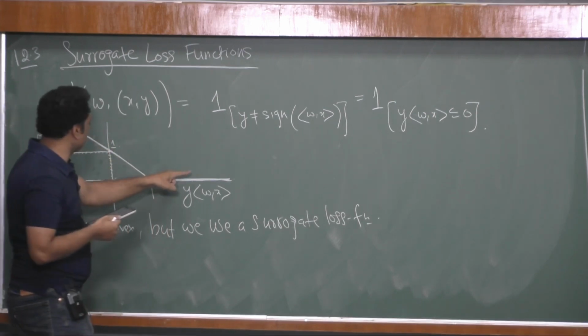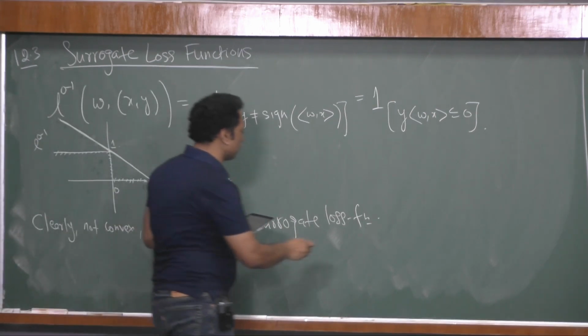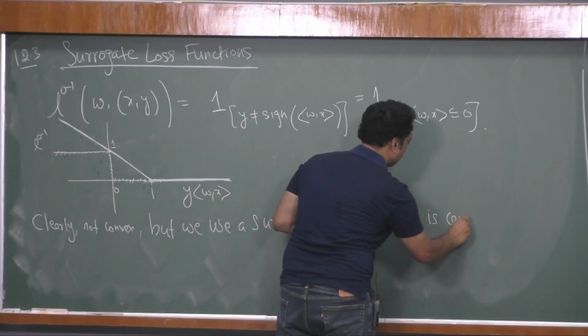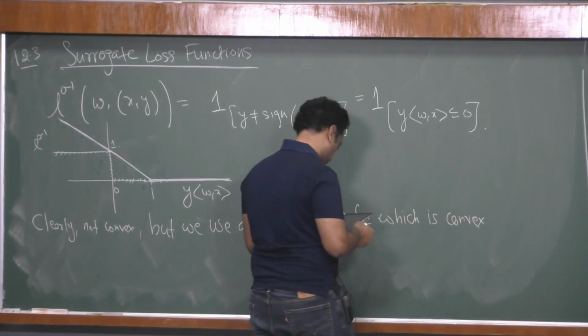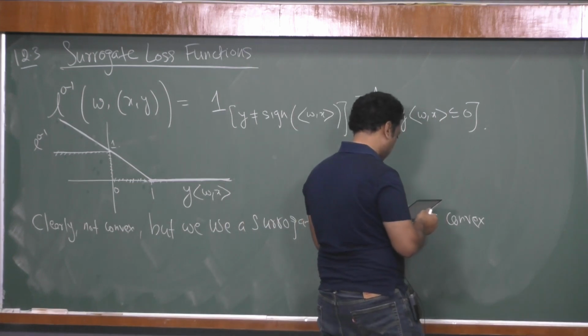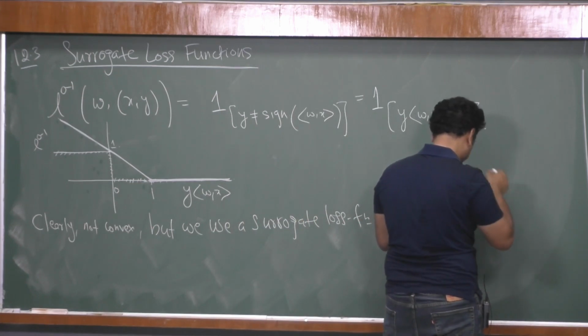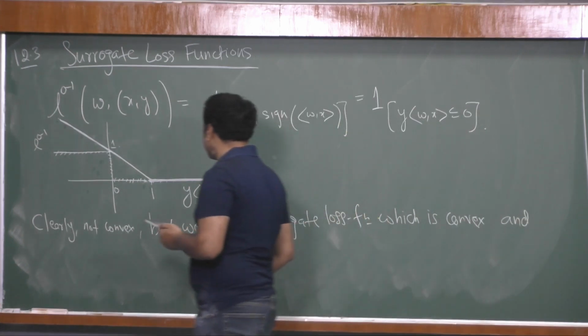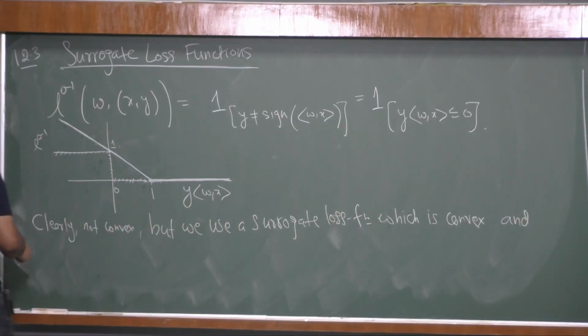In this case this is convex, obviously, and it upper bounds this loss.